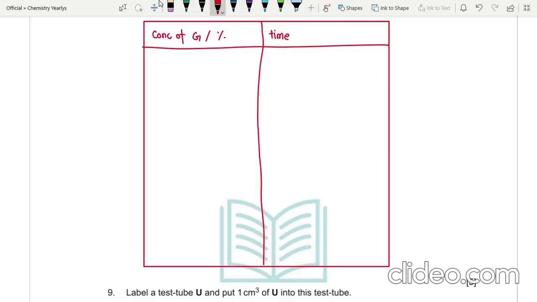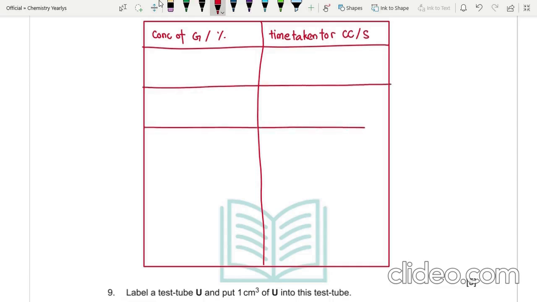Then time taken for color change. I'm just writing a short form because I do not have enough space. The unit will be seconds. This is going to be the first, then the second, then the third, then the fourth, and the fifth one.